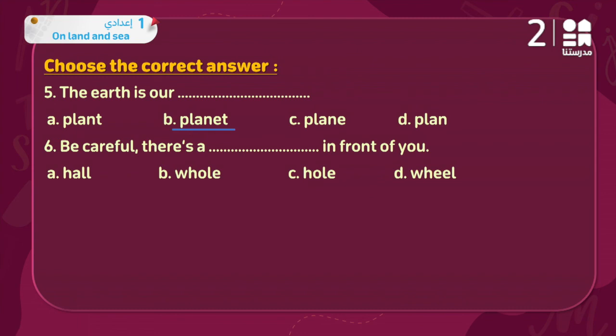There is a hole, or a whole thing, or hole, or wheel of a car? Of course it is the hole, letter 3, which means a gap or a pit.